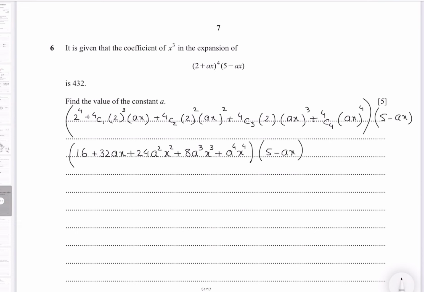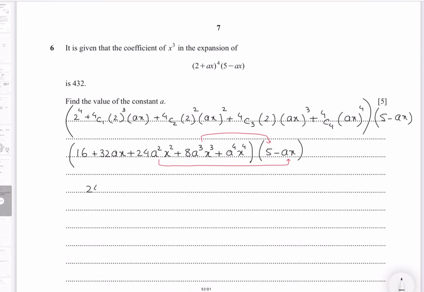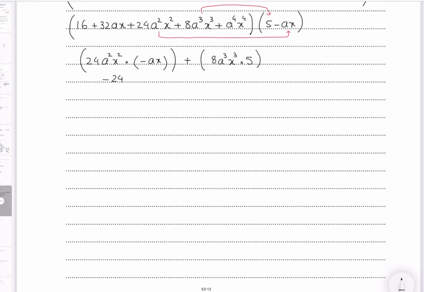Now multiply only those values which can bring you x power 3. So you have to multiply 8a power 3 x power 3 with 5 and 24a square x square with ax. So you get this. Now simplify it. So your coefficient of x power 3 is 16a power 3.